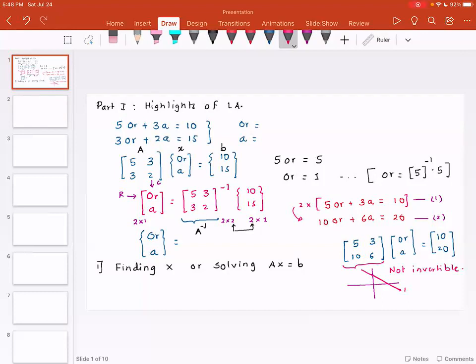What it means is, we do not have 2 independent equations. In other words, we have 2 variables, orange and apple, and only 1 equation. So the problem cannot be solved.